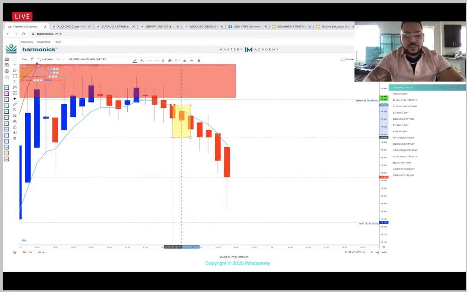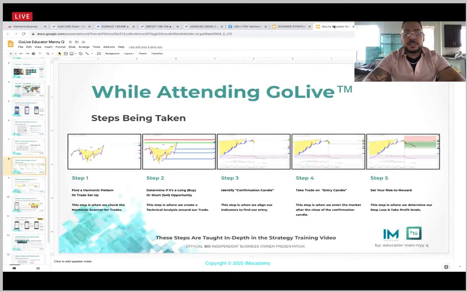You've identified the confirmation candle. Once you've identified this confirmation candle, this gives you absolute certainty. It gives you absolute confidence that this is a very high probable trade for the market to trade in your direction. Because now, let's go back to the steps.